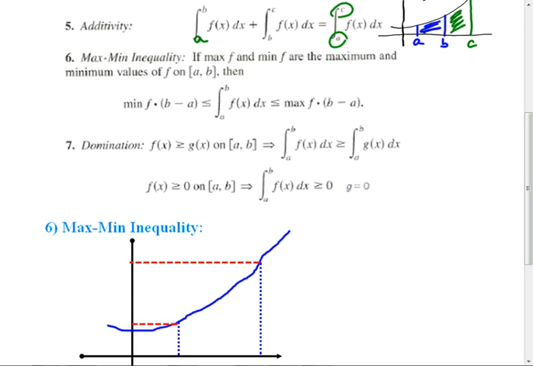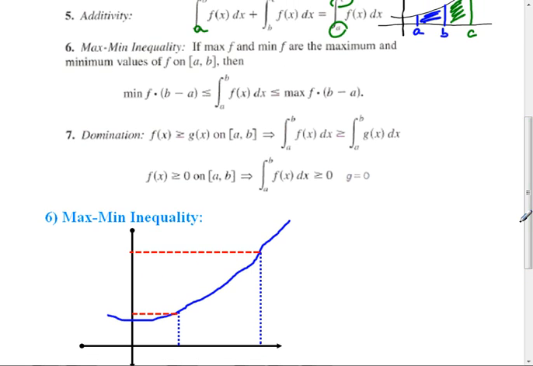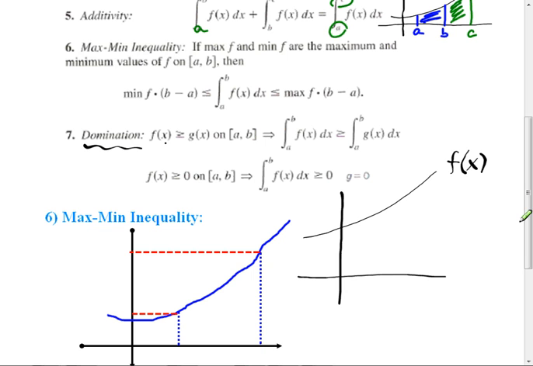Then the last one is, oh, I had my picture there. Oops, I forgot I'd done that. That's okay. This is called domination, I don't know why it's called domination, but anyway. If f is bigger than g, so I'm going to draw a picture. If f is bigger than g, there's f, and there's g of x.